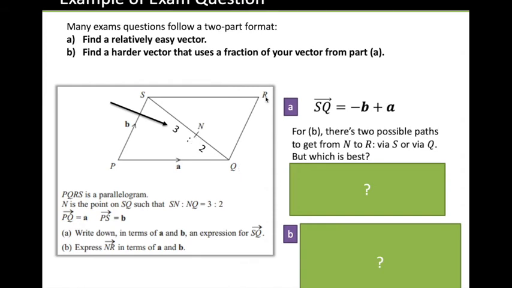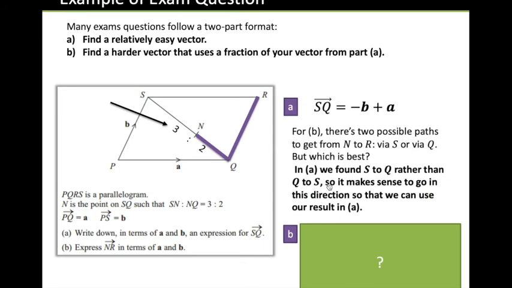Which one to choose? Well, in part A, we are asked to find SQ. Therefore, we must use the answer of part A for part B. So we have to use this direction because this is of the same direction as SQ, right? There you go.